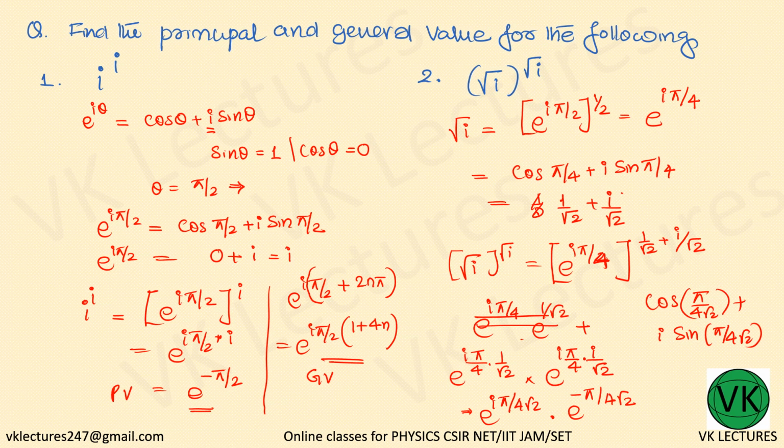This term you can keep it like that, and for finding the general value, add 2n pi to the angle, that is here pi by 4 root 2 plus 2n pi in both cosine and sine.